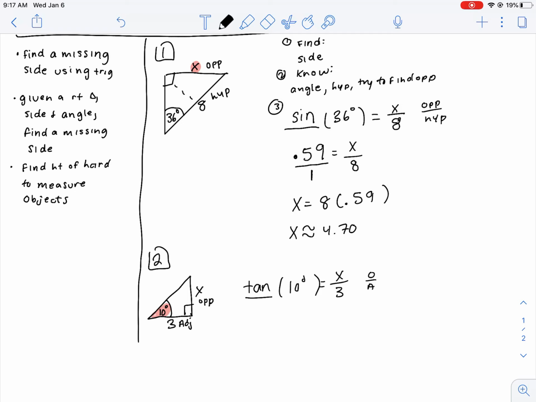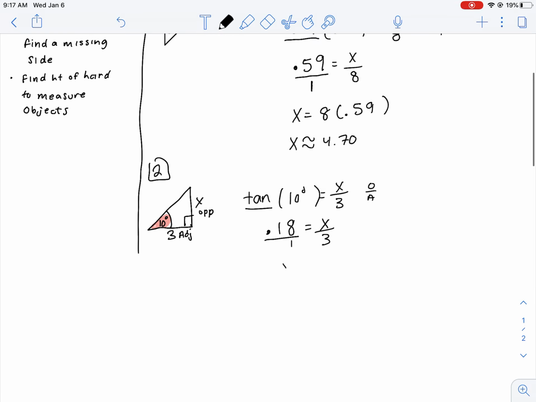So tangent of 10 is 0.176. The 6 will make the 7 become an 8, so 0.18 equals x over 3. So how now do I get rid of division? You're going to multiply. So this becomes 3 times 0.18. So x equals 0.54, that's the missing side.